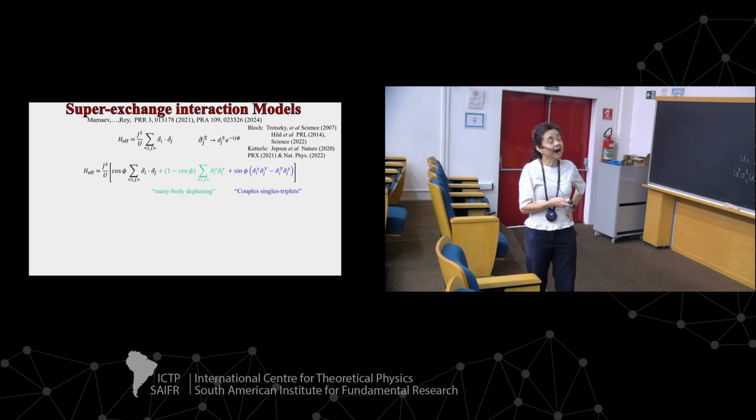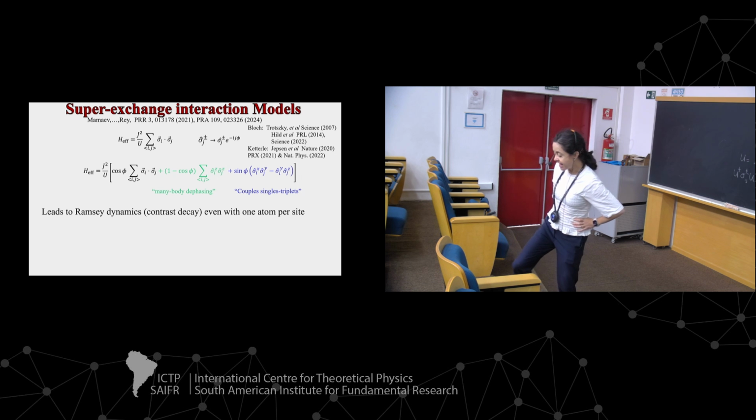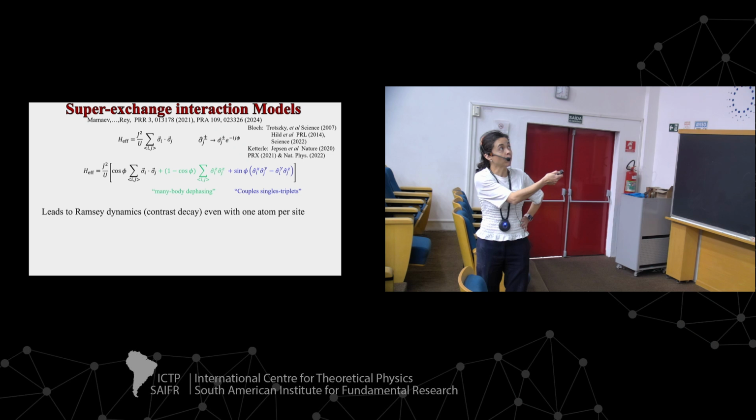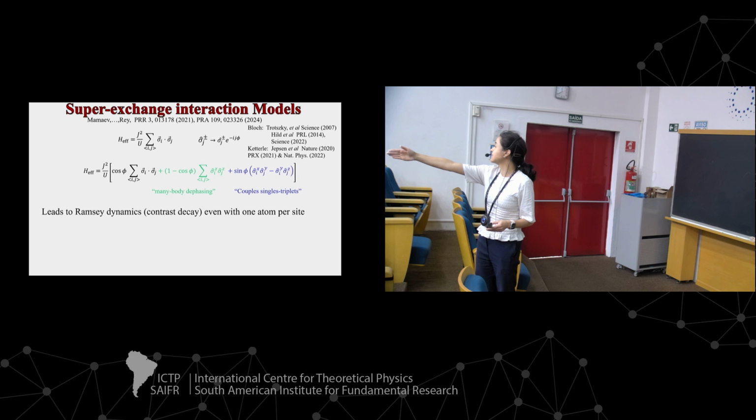So what happens then when we have atoms in the clock that are going to evolve under this Hamiltonian? If I have a Hamiltonian that is sigma dot sigma or S dot S, and I start by preparing a spin polarized state after a pi half pulse, for example, what dynamics is this state going to have?